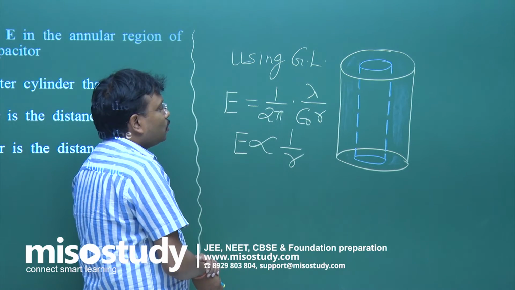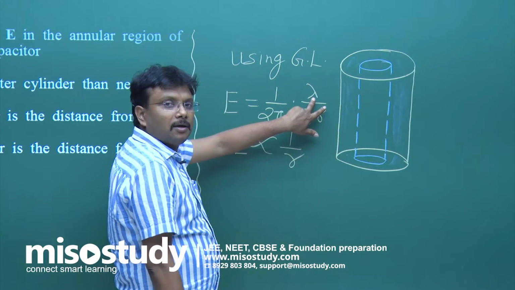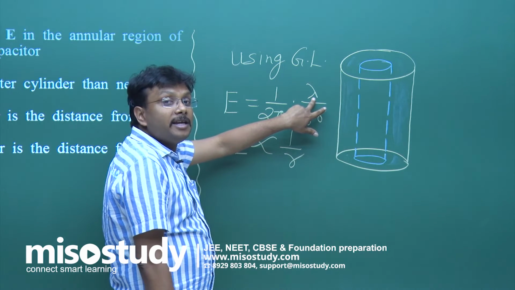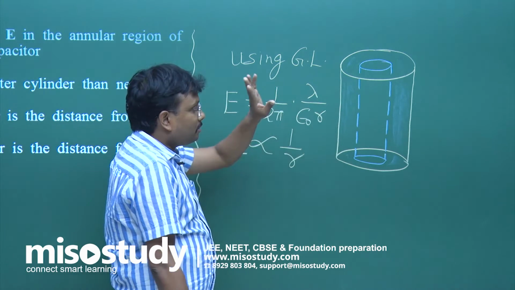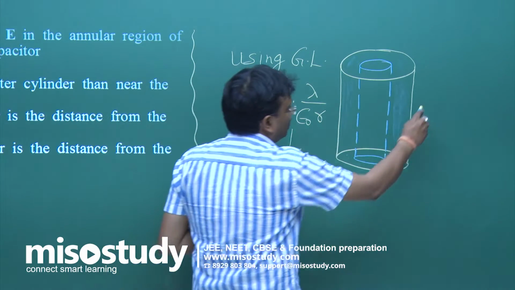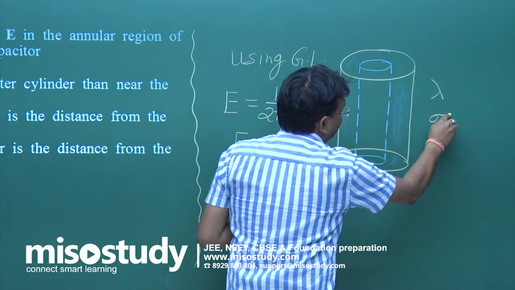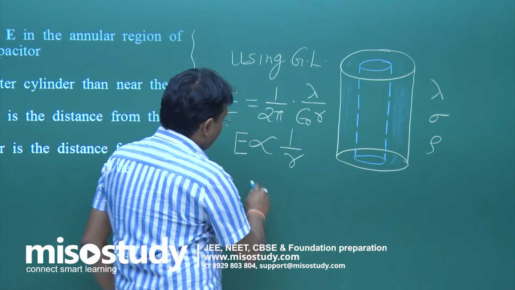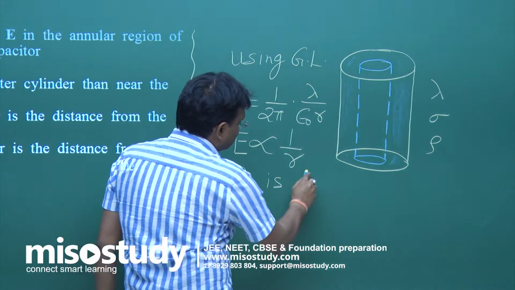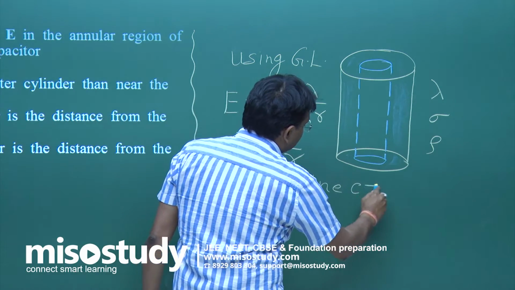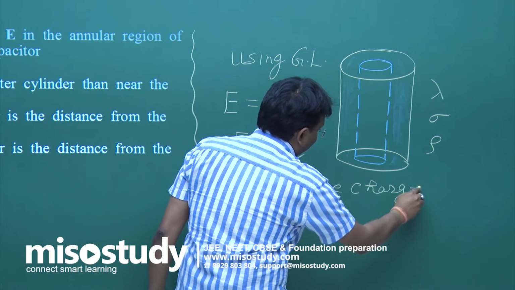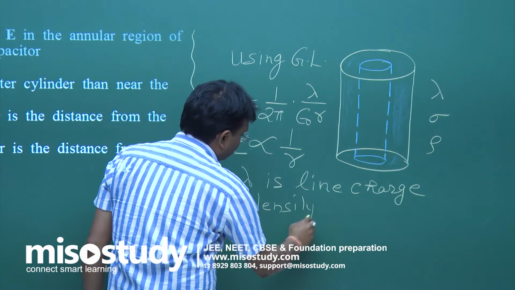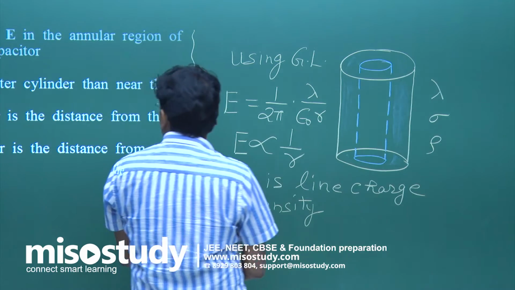And if I ask you what is the name of lambda, you will say without even a second's waiting, line charge density. Fine, because three types of charge densities we discussed: line charge, surface charge, volume charge. So, lambda is line charge density.